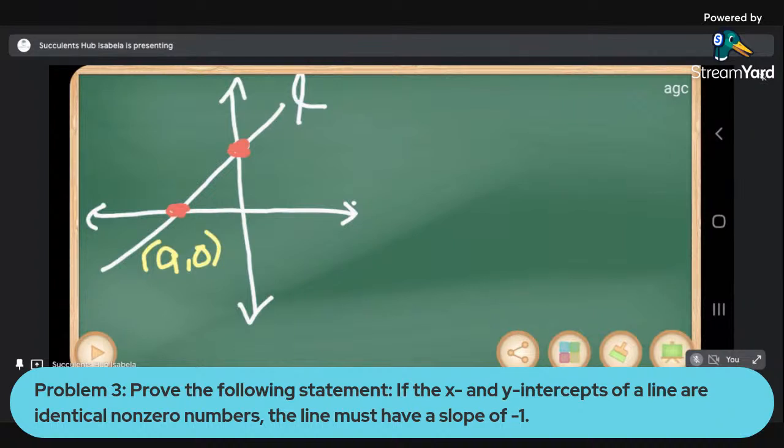Now, in the case of the y-intercept, the point where the line crosses the y-axis, it's a different story.